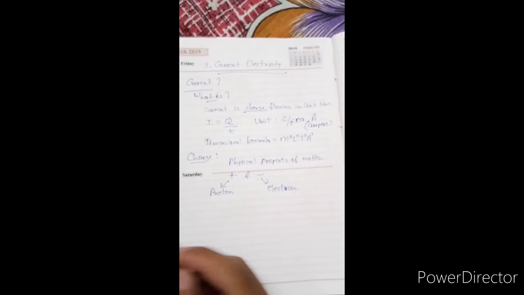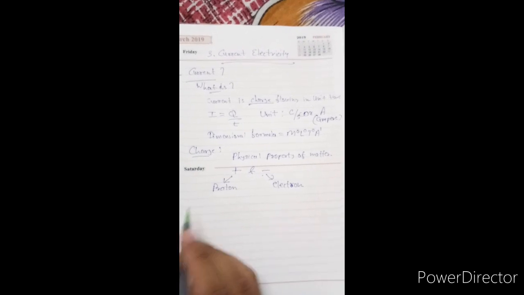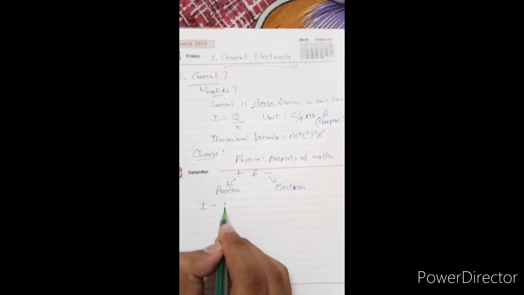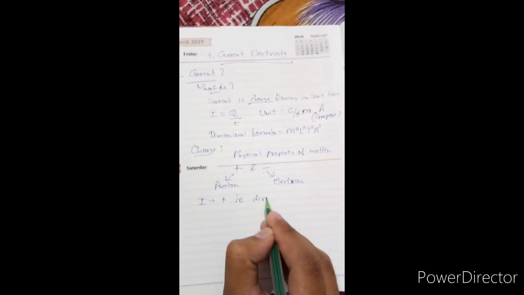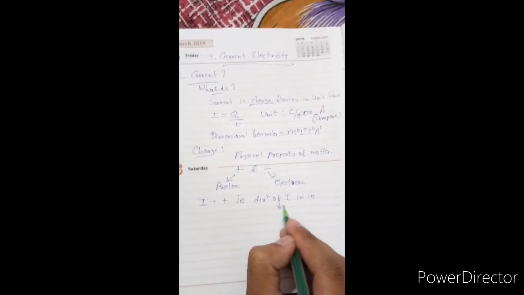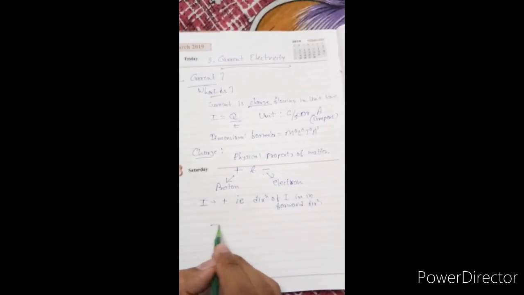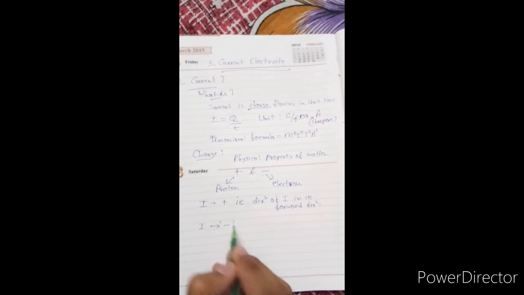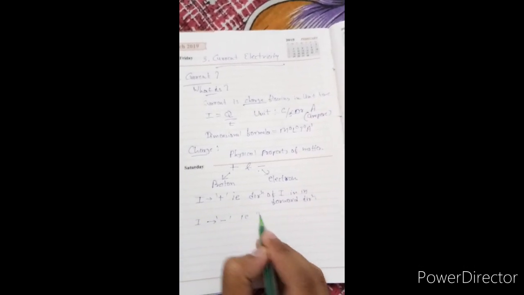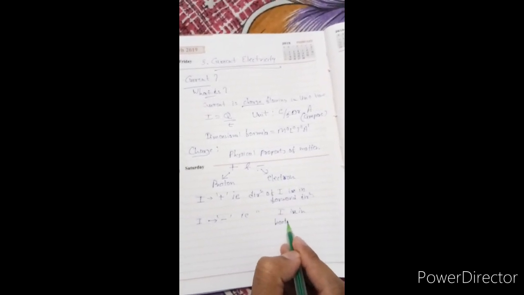Okay, when we apply current in any circuit, and if current is positive, it means that direction of current is in forward direction, and if current is negative, it means direction of current is in backward direction.